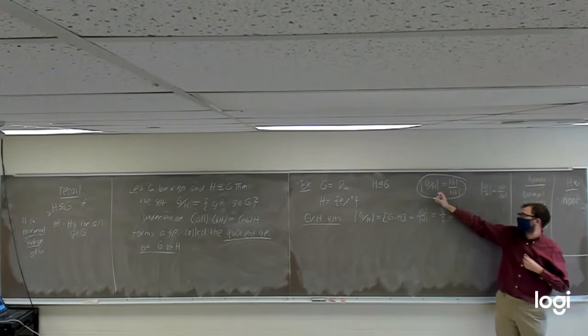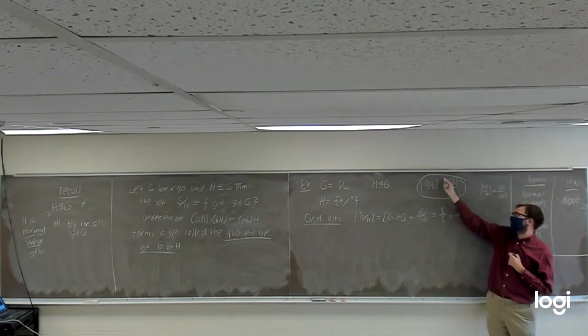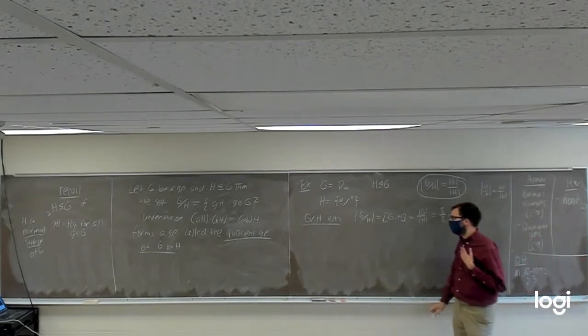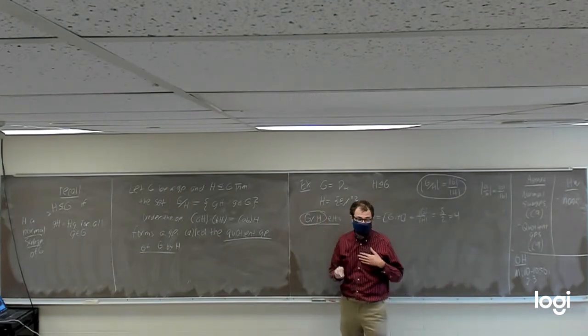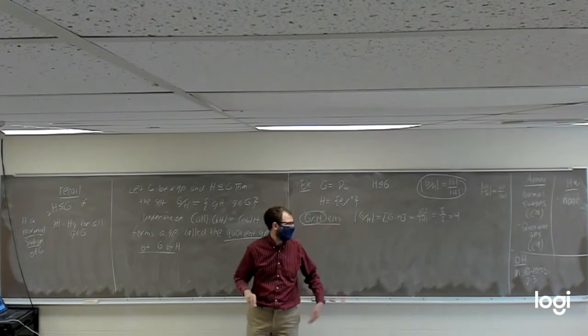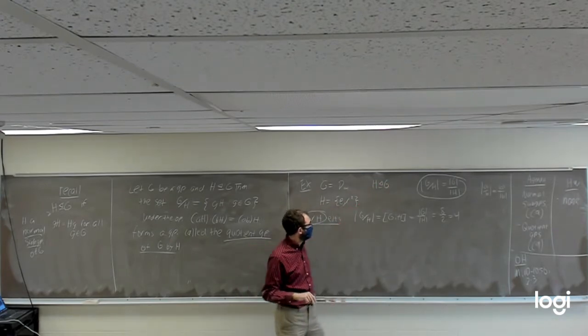It says the number of left cosets of H in G is equal to the number of elements in G divided by the number of elements in H, but the same basic equation still holds. And that's why we use this notation to refer to the group of left cosets. It's because it makes that equation warm and fuzzy.